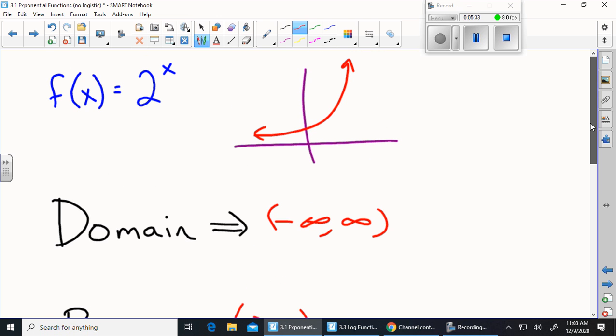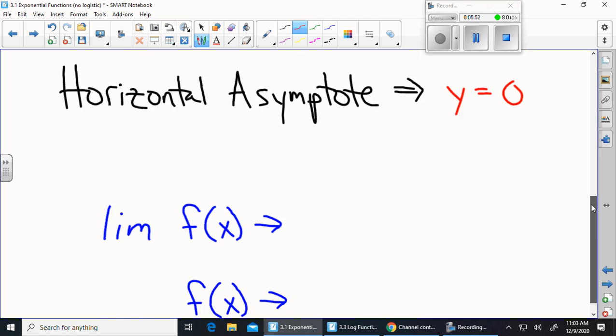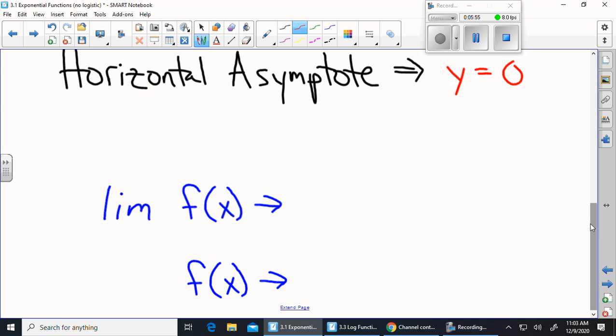You cannot take 2 to any power and get it to equal 0 or a negative. It is always a positive number. If I talk about the horizontal asymptote, y equals 0, it is never going to reach 0. Now, when you think of end behavior, and if I say, let's use limit, with growth, as I go to the right, my graph is going up.